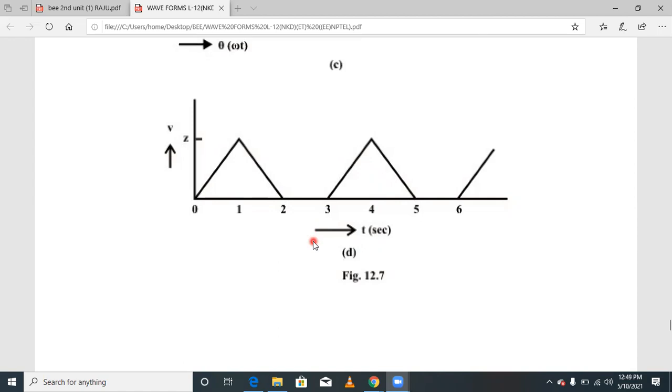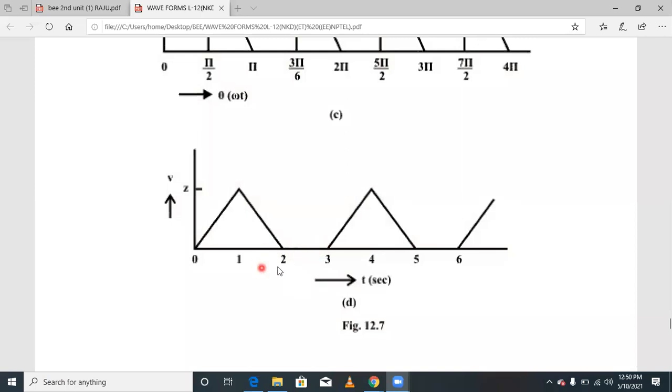Is it 0 to 1, or 0 to 2, or 0 to 3? So 0 to 3 is the total time period of this triangular waveform.